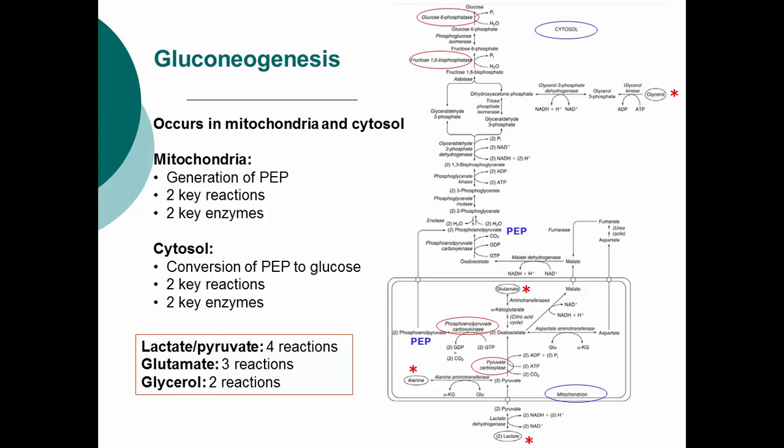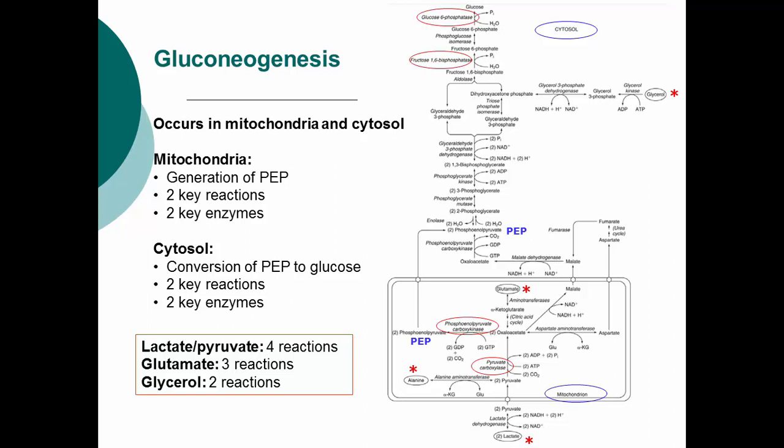And if we use the amino acid glutamate as the precursor, the pathway only involves the three reactions, one in the mitochondria and two in the cytosol, right? And lastly, if we use glycerol as the precursor, it only involves the two reactions in the cytosol, right?